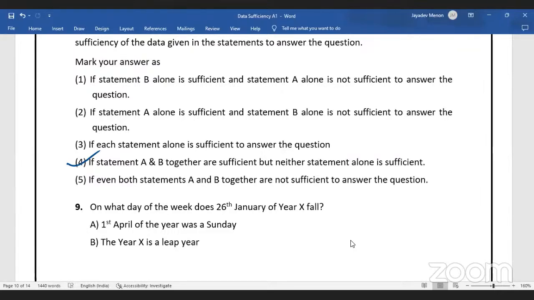Now statement B says the year X is a leap year. So if we are using both statements together, we know that February is having 29 days. So from 1st April, if we are counting back, we get 26th January is which day? Therefore, option 4, we need to use both statements together.